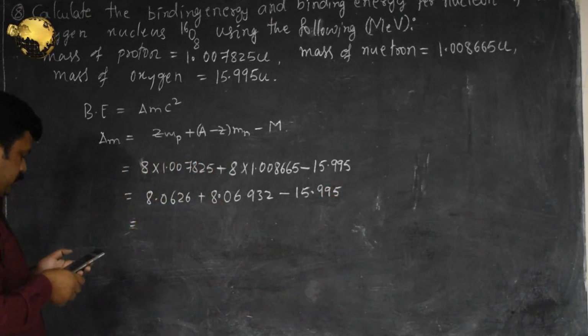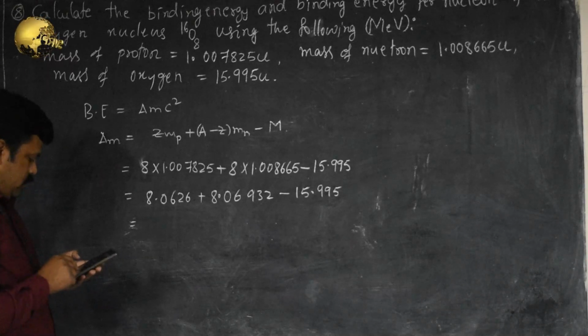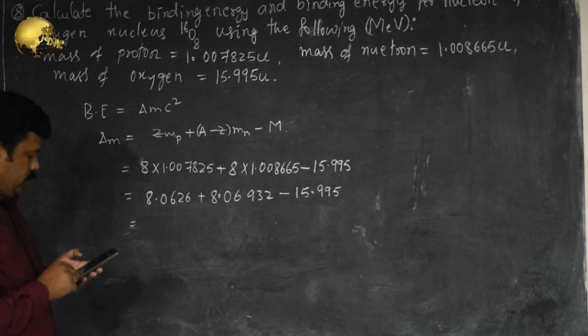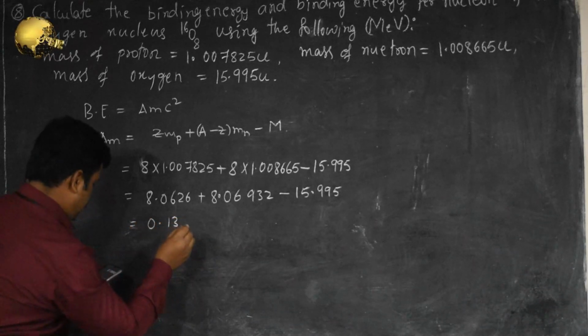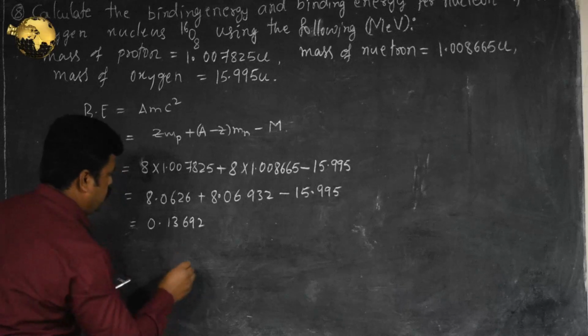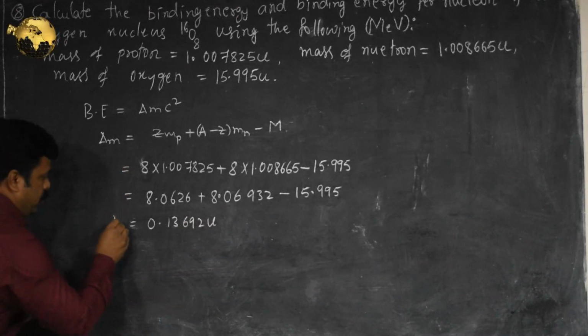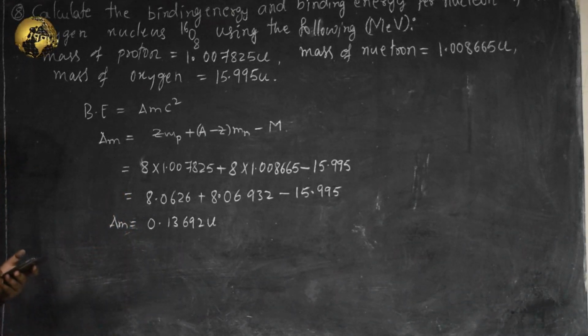Let's solve this. On solving this, we get 0.13692 U, that is atomic mass unit. So that is delta M.